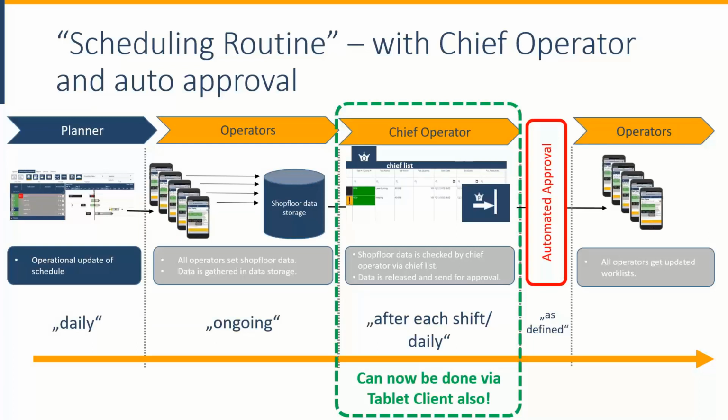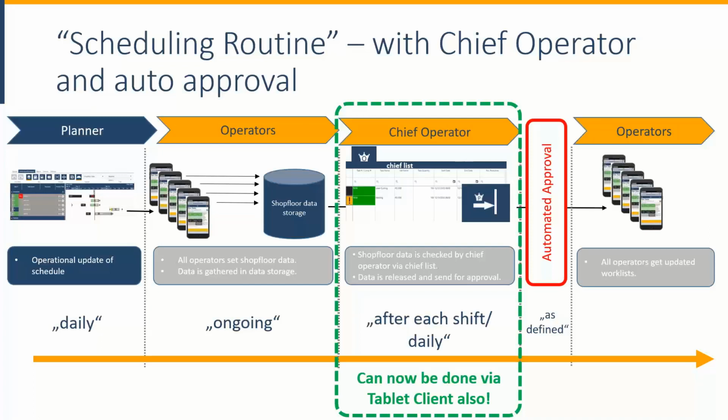By the way, if you install the chief operator, then you can do the final approval and the final update automatically. We call that the auto approval. The auto approval really makes sense if you have the chief operator that has done the check. If you really want to have 100% security, then you can additionally have the planner make a final confirmation and approval.